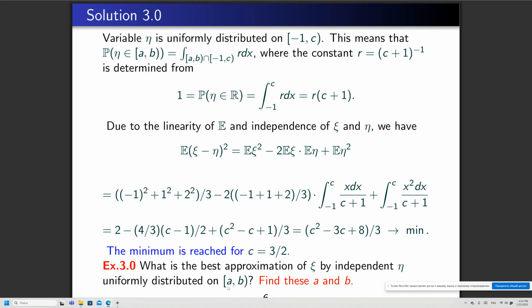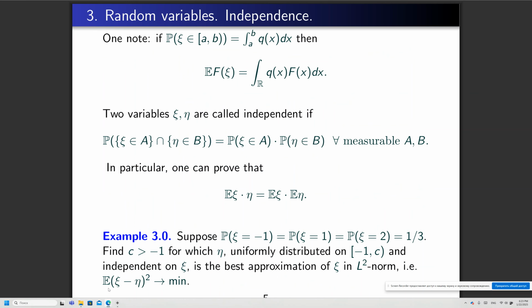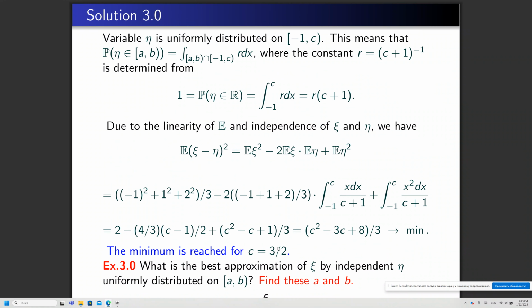Here we don't fix the left boundary and right boundary, so we need to find both values, a and b. What is the minimum of this expectation? And this minimum gives us these two values. This is the question to you.